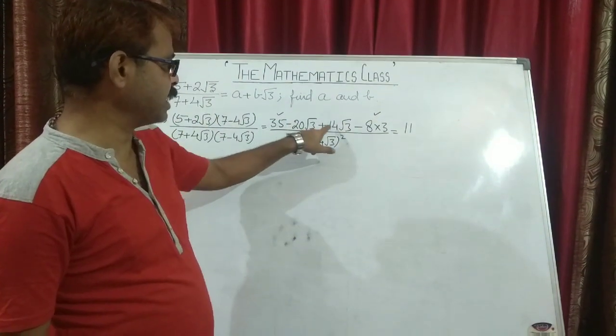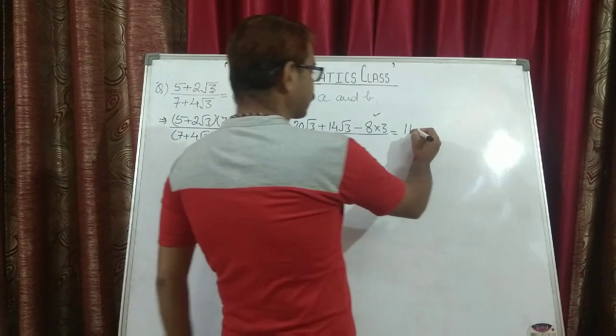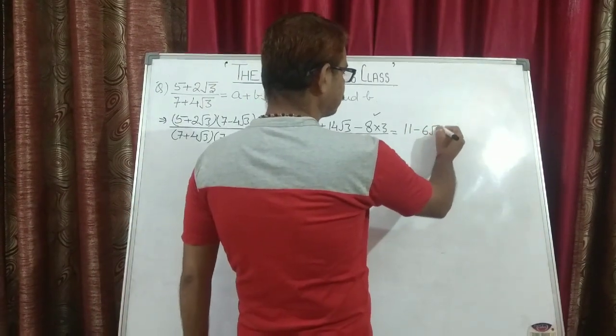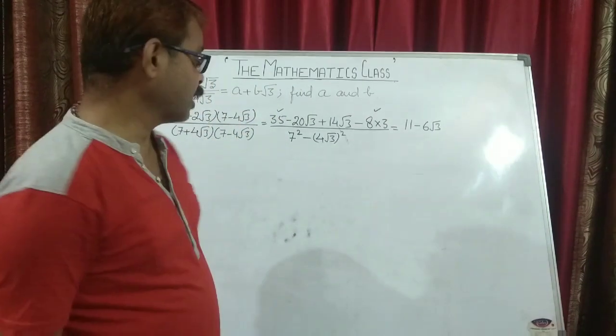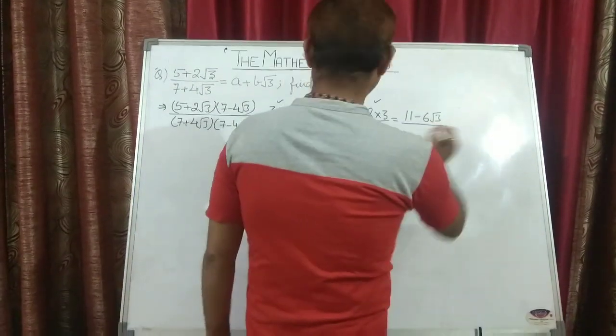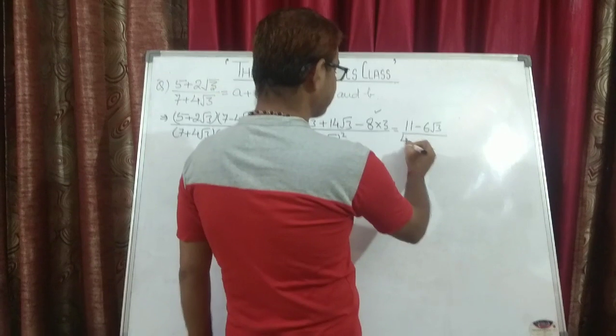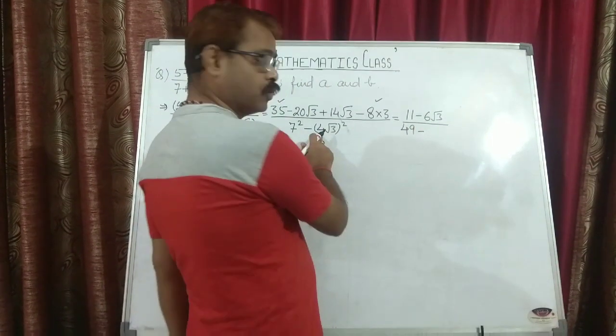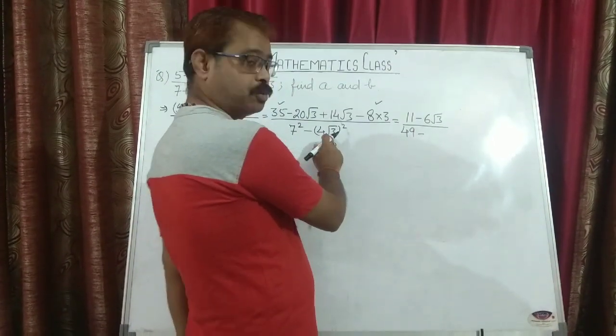Now minus 20 root 3 and plus 14 root 3 will be minus 6 root 3. Now in the denominator, 7 square is 49 minus 4 4s are 16 and root 3 into root 3 is 3.